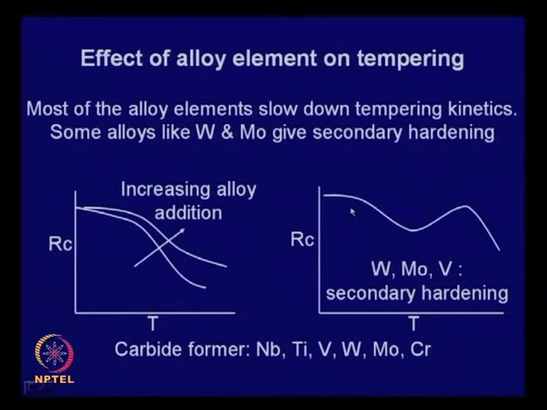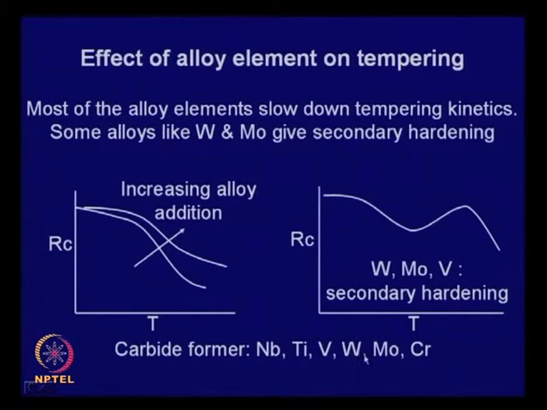Whereas if you have moly and these kinds of alloy elements which give secondary hardening, they form certain carbides which are coherent with the matrix, and some kind of precipitation hardening takes place in this stage. That is why hardness goes up again. This is called secondary hardening. These alloy elements have different abilities to be distributed either in the matrix or in the carbide.